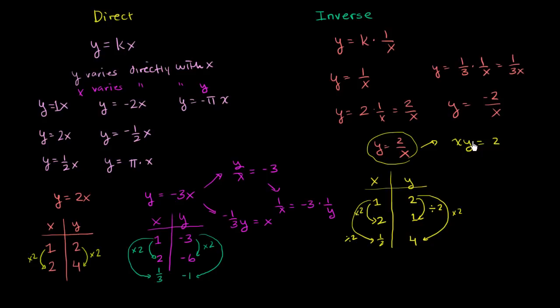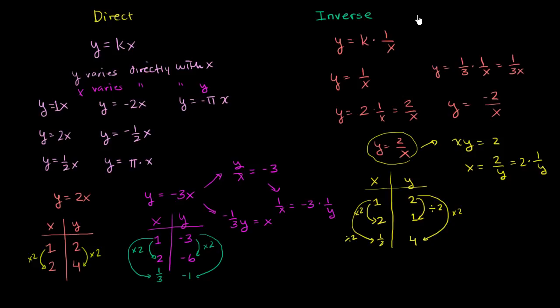You could divide both sides of this equation by y, and you could get x is equal to 2 over y, which is also the same thing as 2 times 1 over y. So notice, y varies inversely with x, and you could just manipulate this algebraically to show that x varies inversely with y.